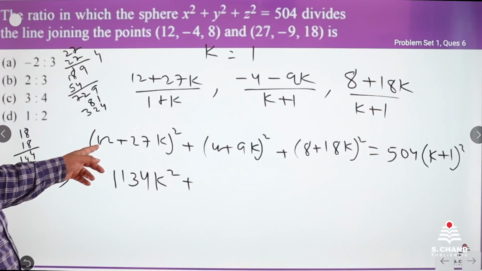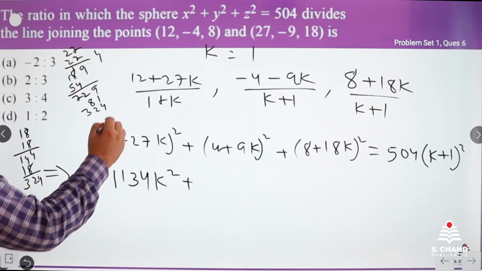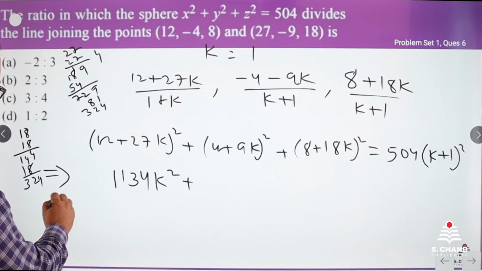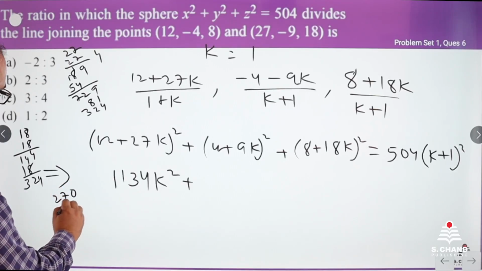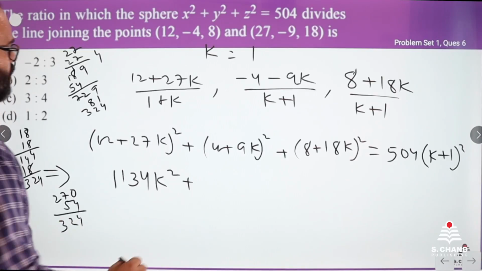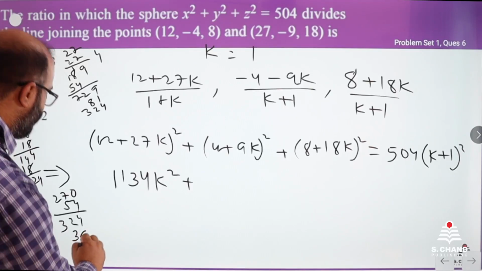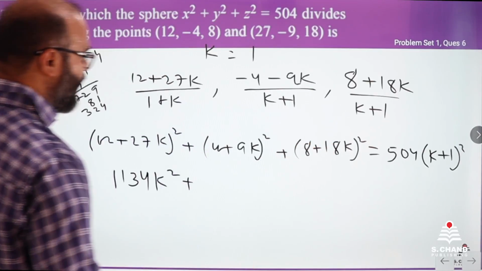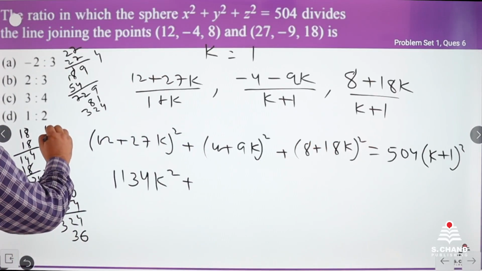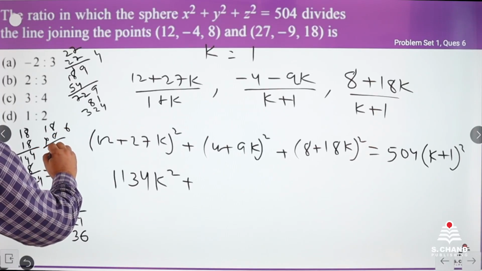So 12 into 27, that you have to calculate, which will be 324, plus 9 into 4, 36, right? Then 18 into 8, that would be 144.